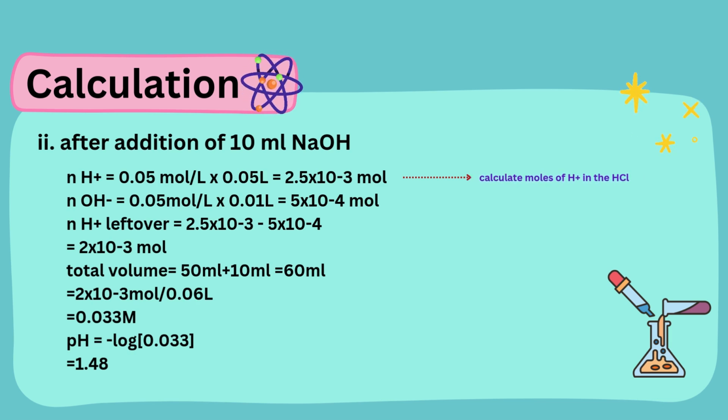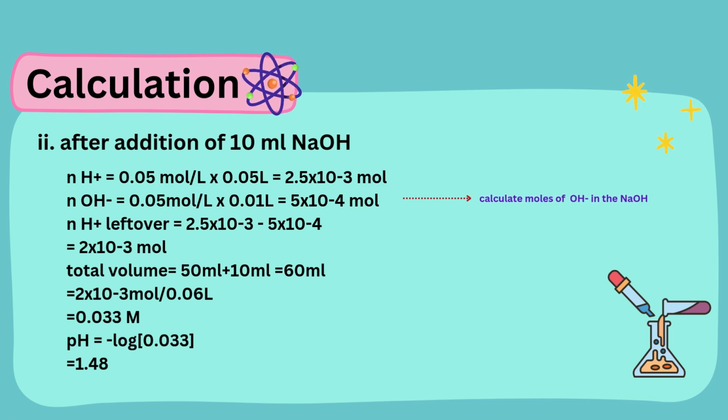First, calculate the moles of H+ in the HCl. Number of moles H+ equals 0.05 moles per litre, times 0.05 litres, so 2.5 times 10 to the power of -3 moles. Then, calculate the moles of OH- from NaOH.